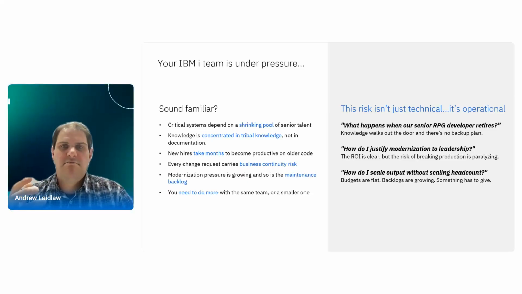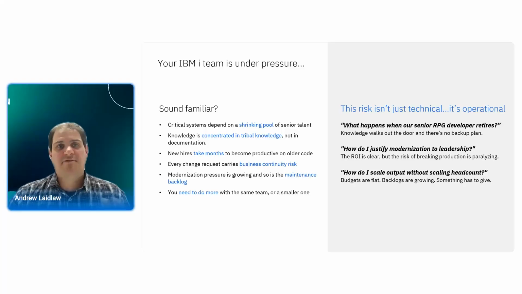So this is about keeping the business alive as much as it is about modernizing the code itself. And that's where bringing in the right tools, bringing in responsible AI in a governed fashion really helps reduce those risks. And that's what IBM Bob does.